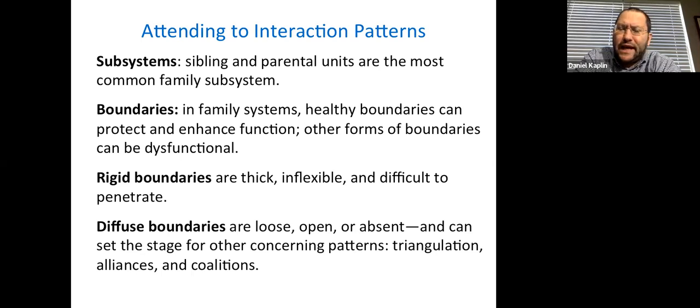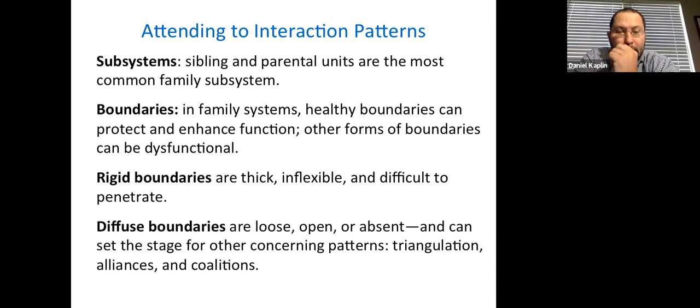Now, we also have the opposite, though, where we have diffuse boundaries, almost as if the boundaries are absent, right? So I said firm but flexible. You don't want to have absent boundaries. So if you have issues of triangulation in the family, that's an issue of diffuse boundaries. If you have alliances and coalitions in the family, that's an example of diffuse boundaries.